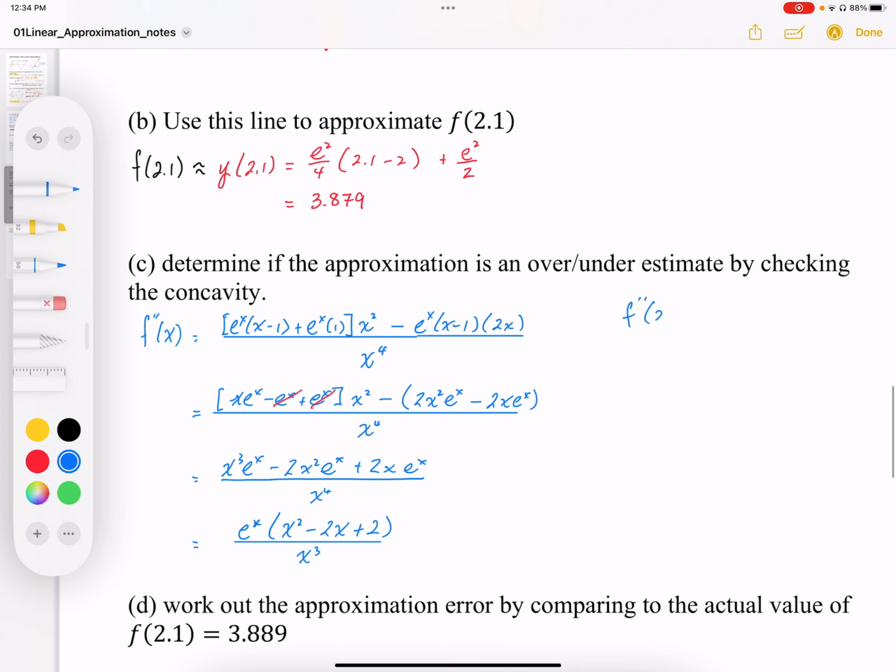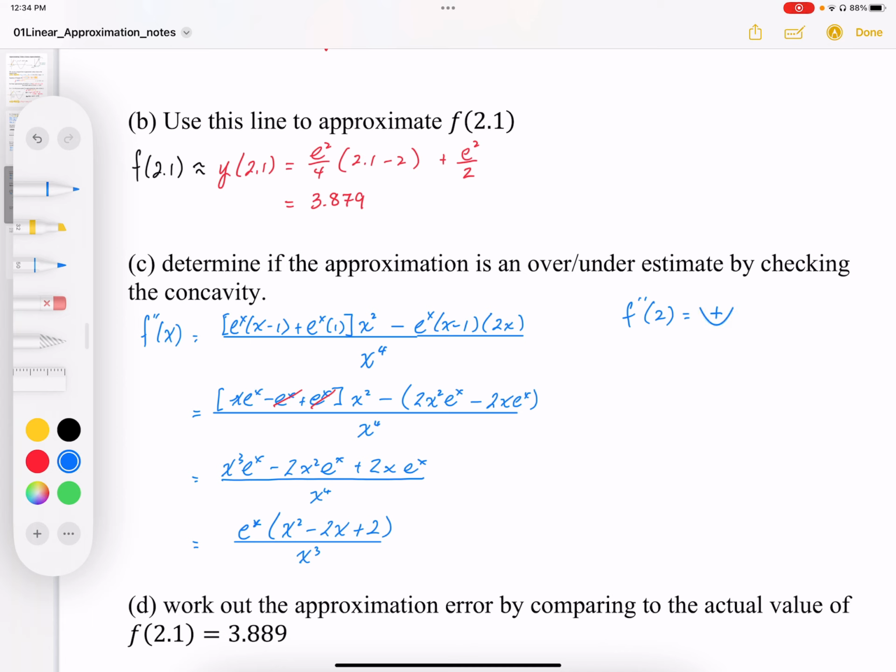So the second derivative at x equals 2, when I plug it in, well, I know that e to the x is positive, the denominator is positive. So if I look in the brackets, I get 4 minus 4 plus 2. Well, that's all positive. So I know that I have positive concavity.